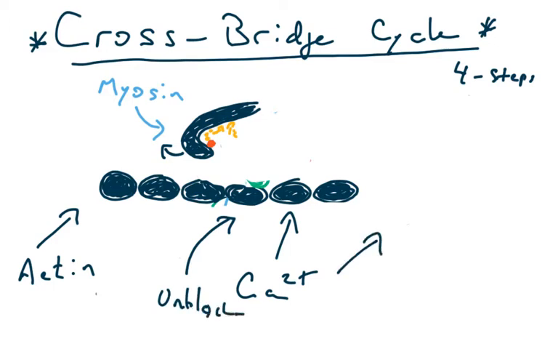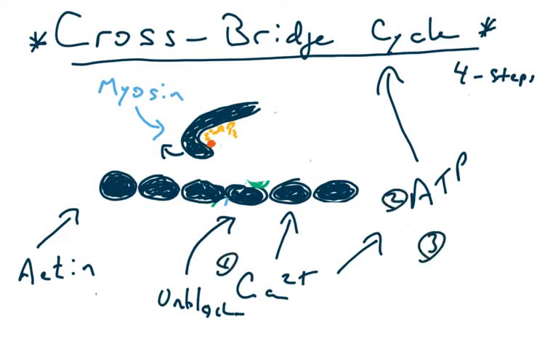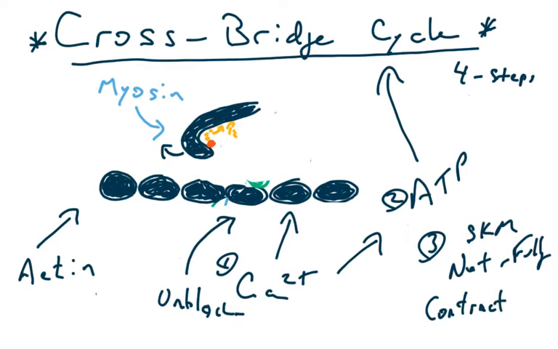Second, as long as there's ATP available for the cross-bridge cycle to continue, or the muscle's not fully contracted. So bottom line is the 4 steps of the cross-bridge cycle will continue until the muscle is fully contracted.